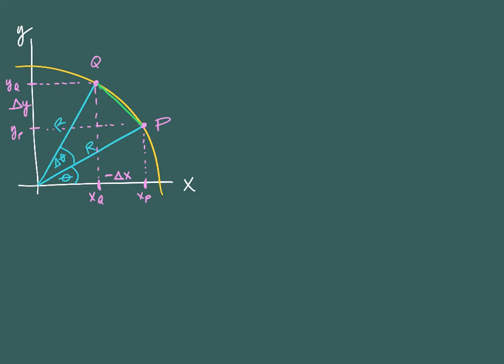So there's a linear speed v that's there, and it would have a vy and a vx in this system. Now this angle theta shows up here.